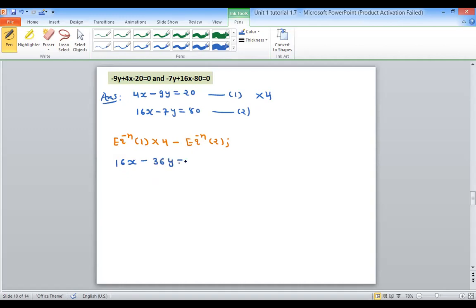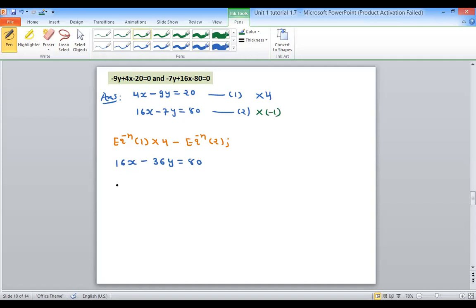And 4 into 20 is 80. And I'm removing equation number 2, that means the sign of the second equation is changed. Positive numbers become negative and negative numbers become positive; in short, you multiply the equation by minus 1.